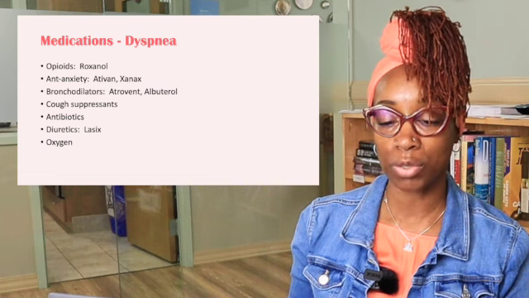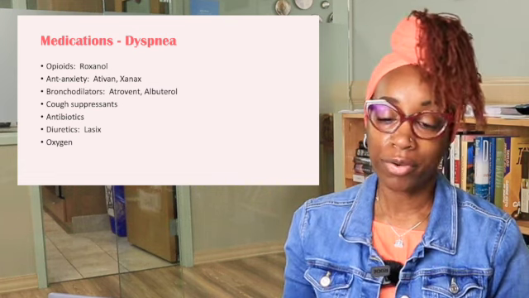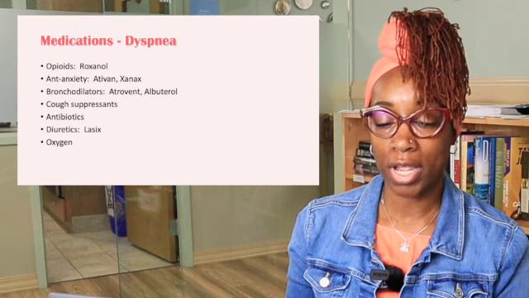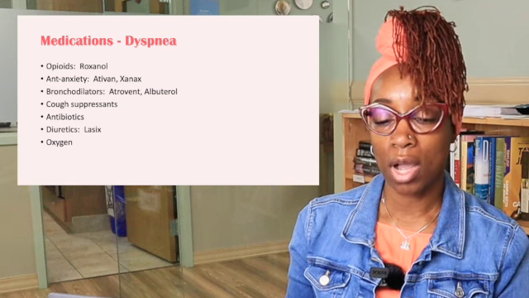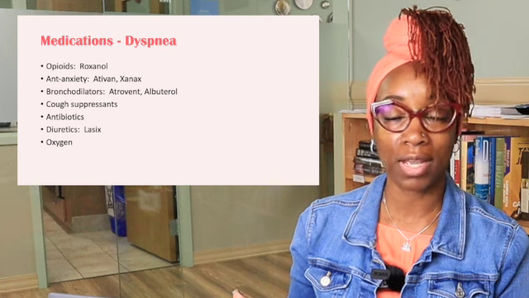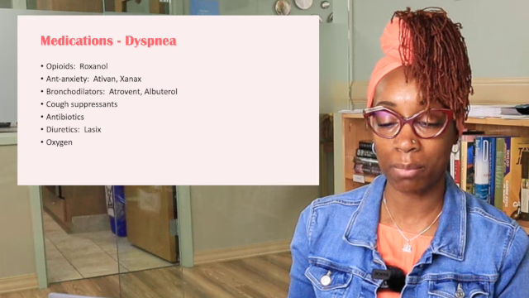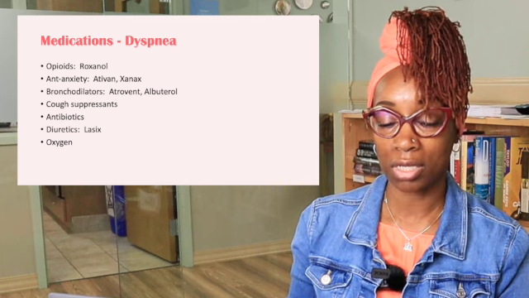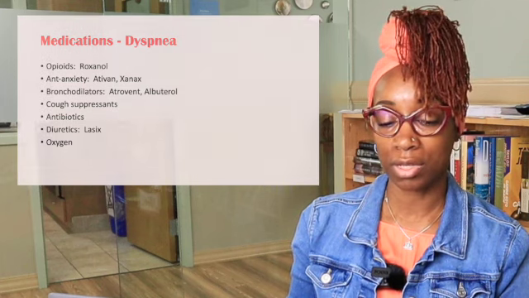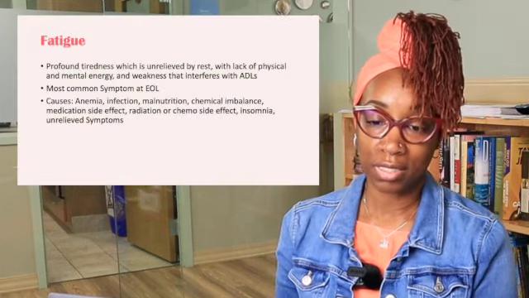Sometimes they'll order cough suppressants. Very rare instances, if they need to, they'll order antibiotics or diuretics, which is like a Lasix that helps to eliminate the extra fluid that may be hanging out in their lungs. And then oxygen.